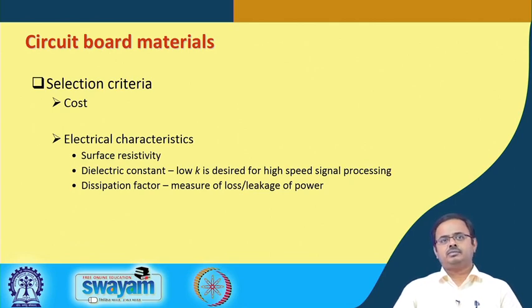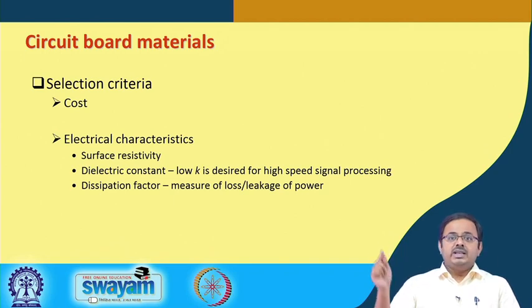Next, electrical characteristics. What is the surface resistivity? You do not want leakage of current from the surface. What is the dielectric constant? A low dielectric constant is desired because that helps in signal processing and signal integrity.